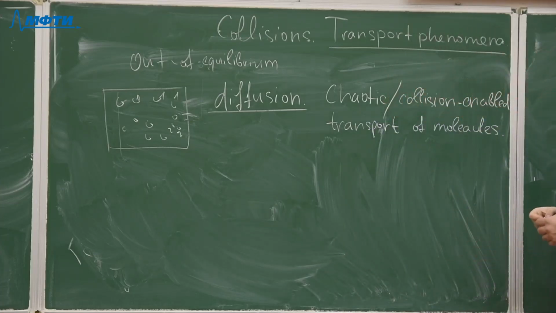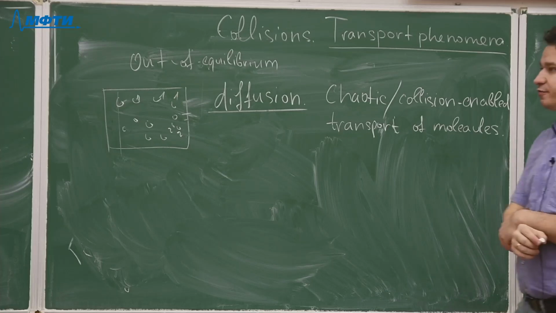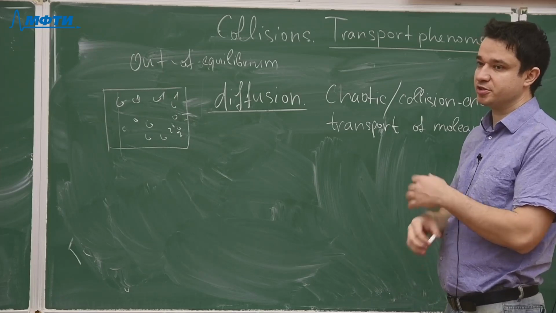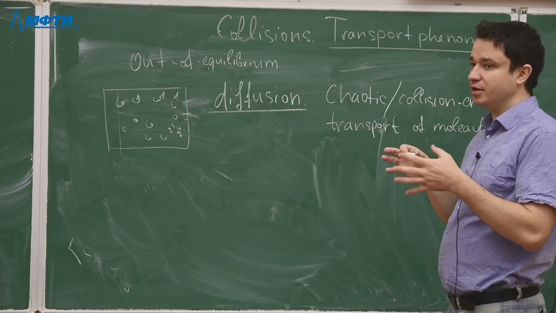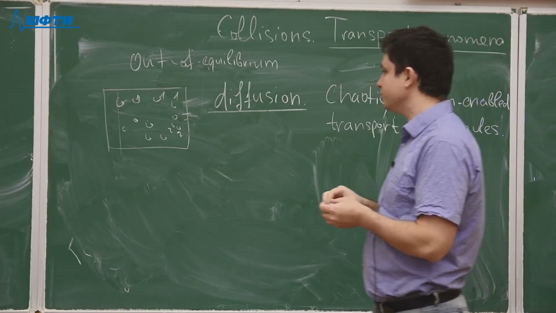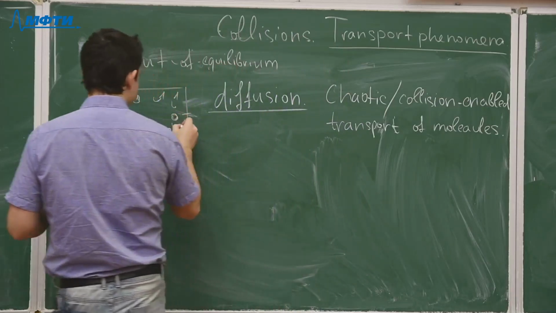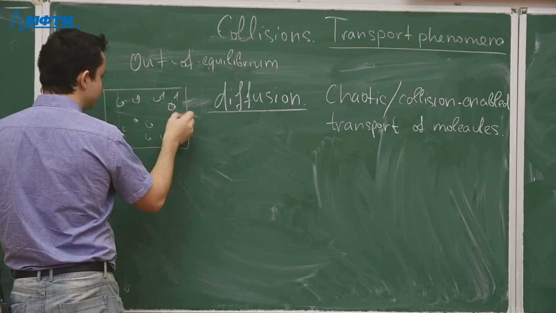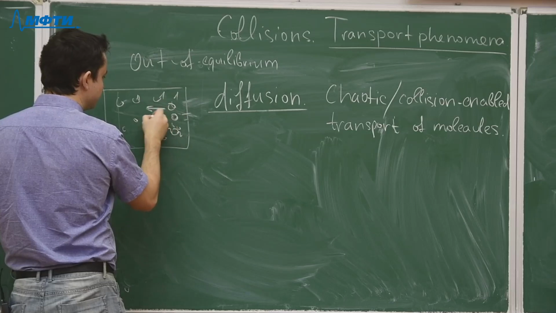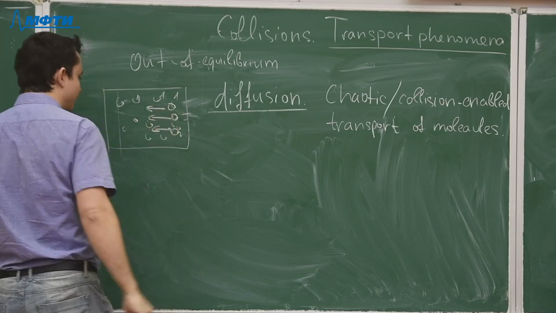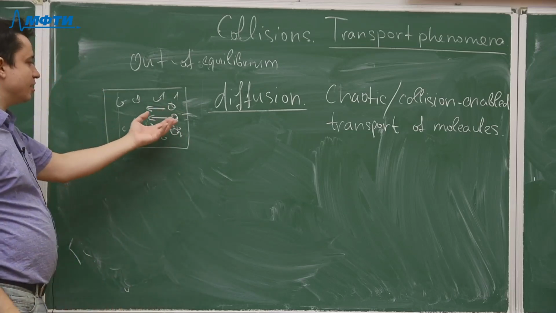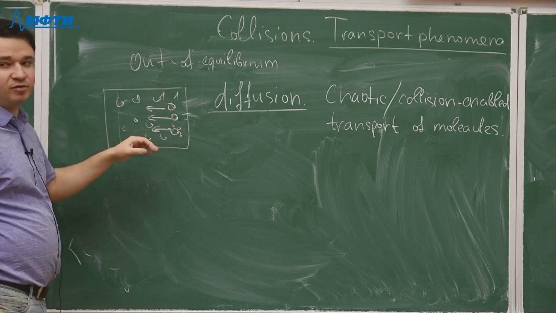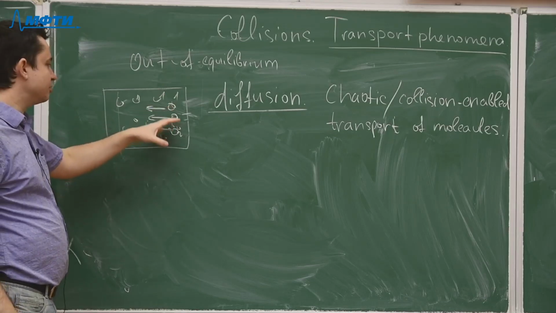So that's the diffusion. The diffusion should be distinguished from the other type of transport, which is called drift, or the ordered transport, in which these molecules experience some external force, and under the external force, they establish some kind of a common component of the velocity, which is common to everyone.